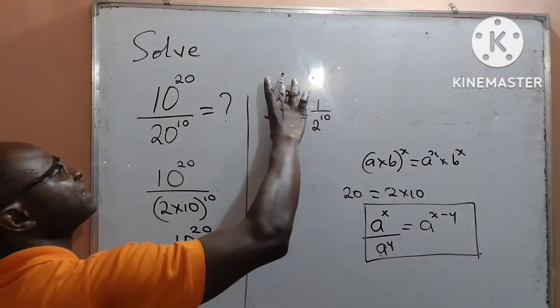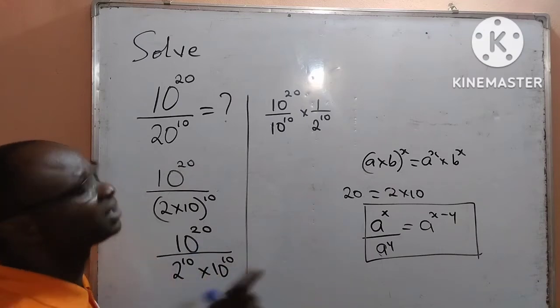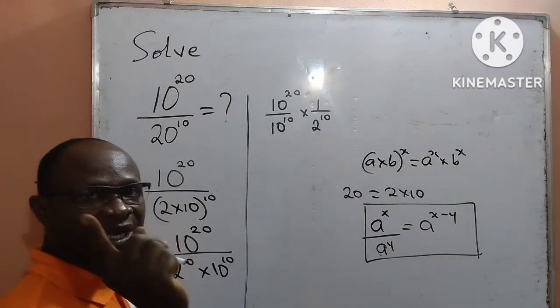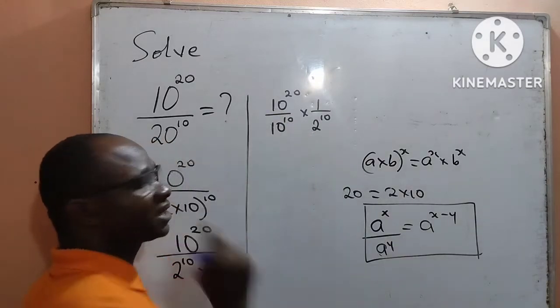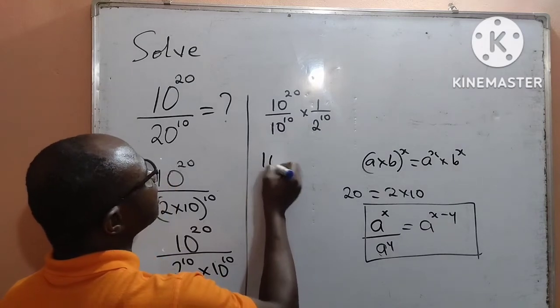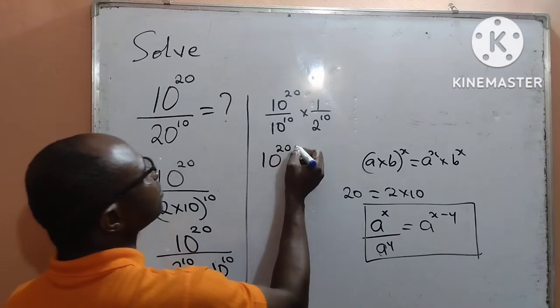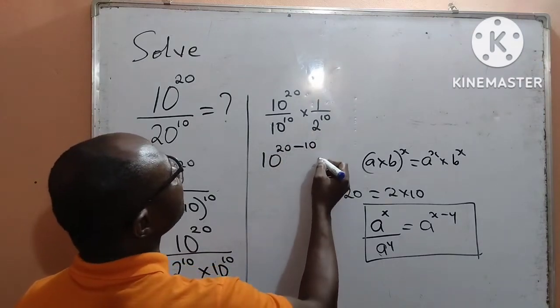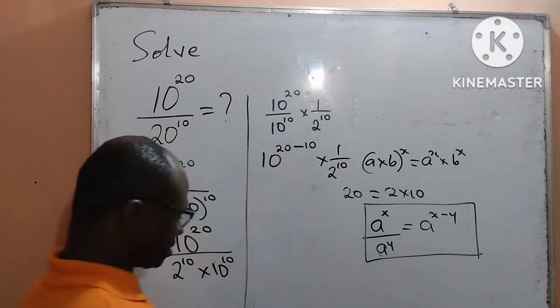So I'm going to apply it to this part, because I have base 10 at the numerator and base 10 at the denominator, so this law can now apply here. That implies that I shall now have 10 to the power of 20 minus 10, everything multiplied by 1 all over 2 to the power of 10.